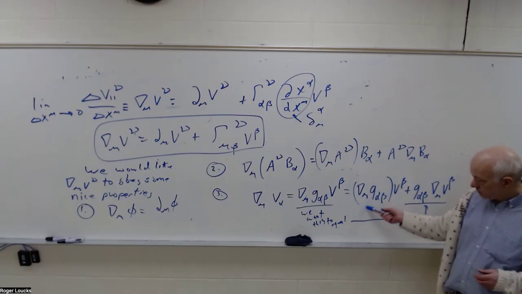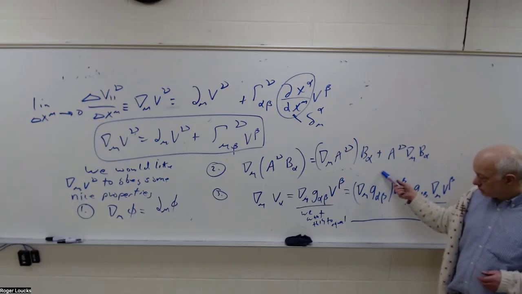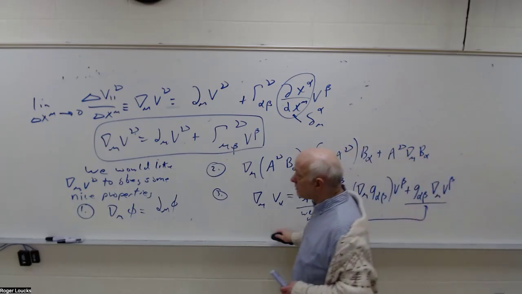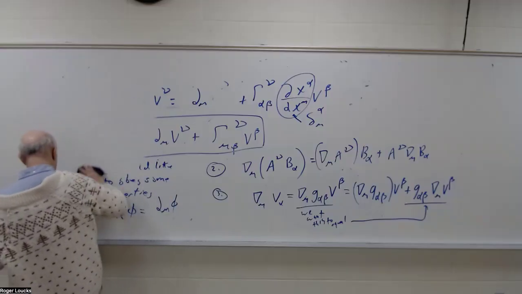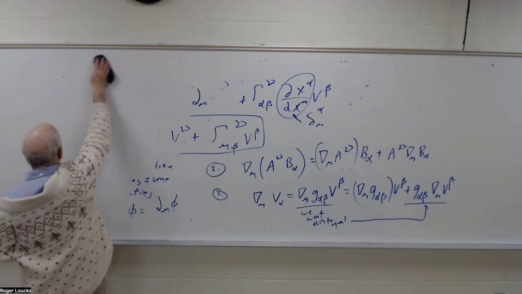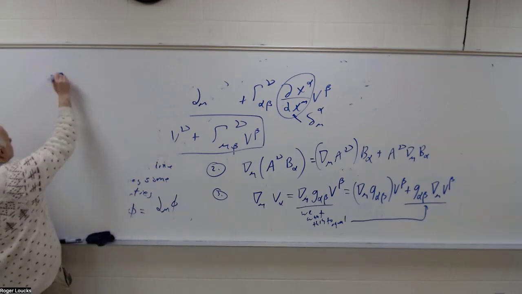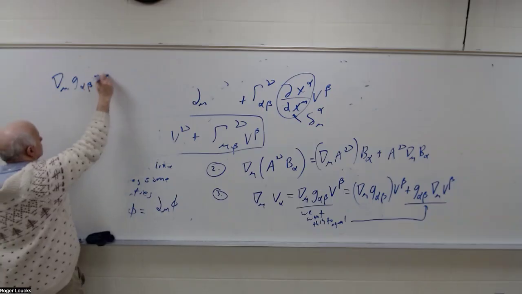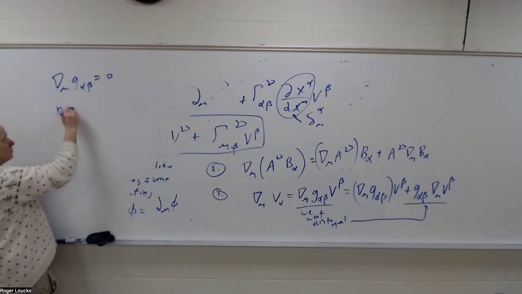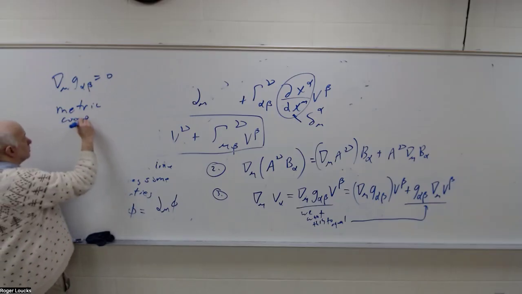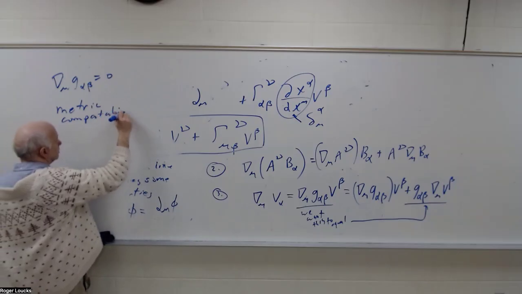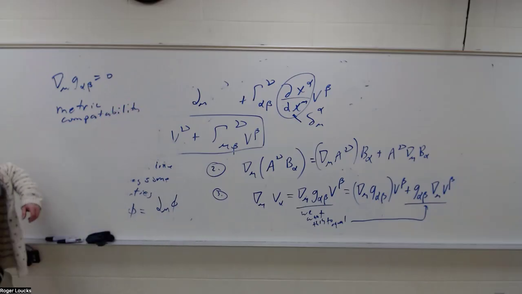That this right here has to be 0. We gave that a fancy name; this is called metric compatibility. It's going to become extremely helpful for us.